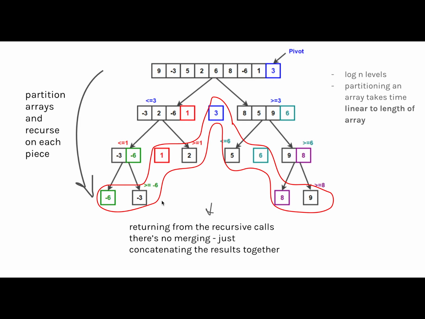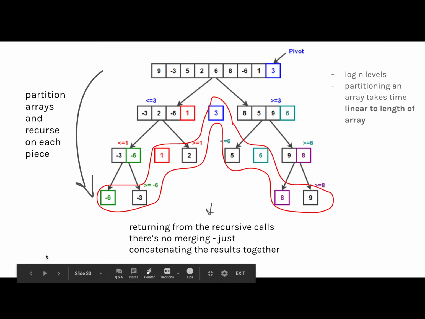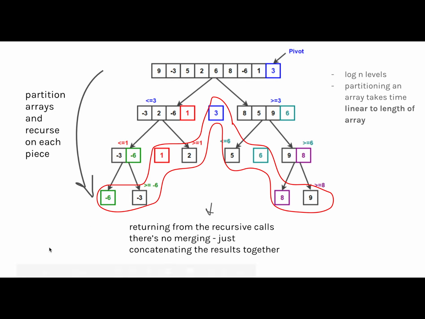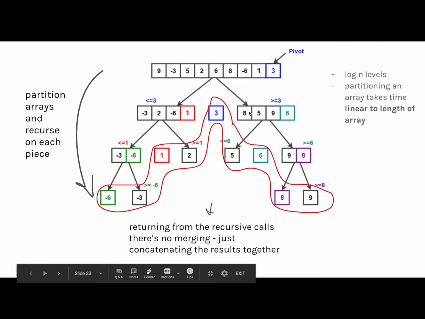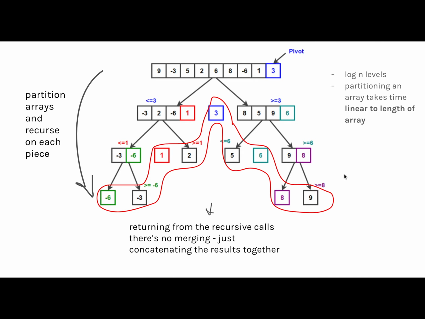So this differs from merge sort, where we had to go down to the base case, and then when we returned, we had to merge. Now when we return, we're good to go. So there are log n levels in general. Assuming you've split the arrays into roughly equal halves, we're going to have log n levels, similar to merge sort.